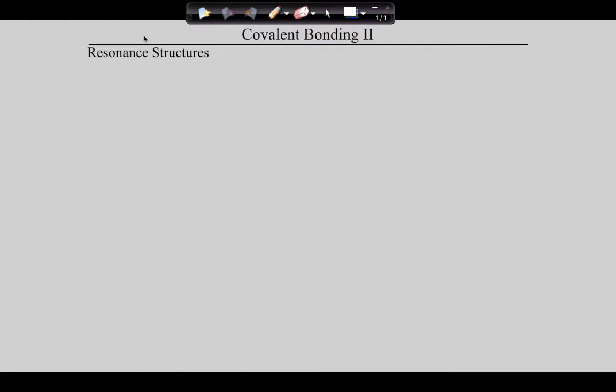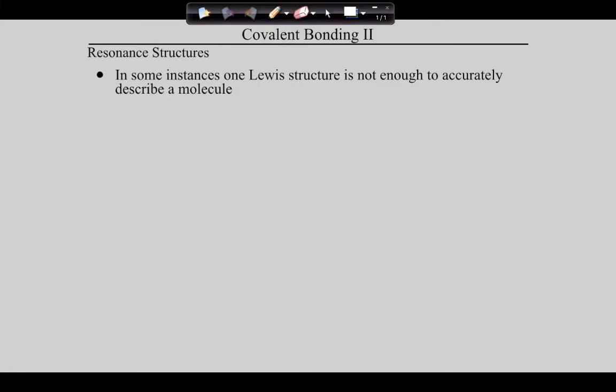But in a similar fashion today, this is all about resonance structures, and what you're going to find out is sort of the opposite of what you found out previously.